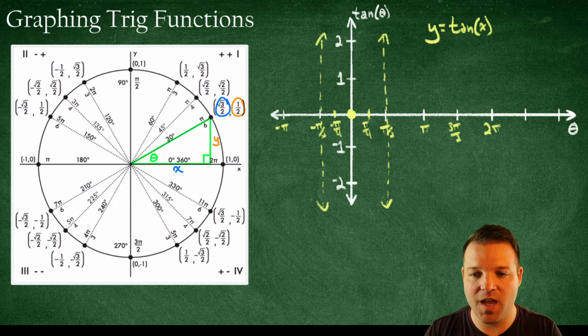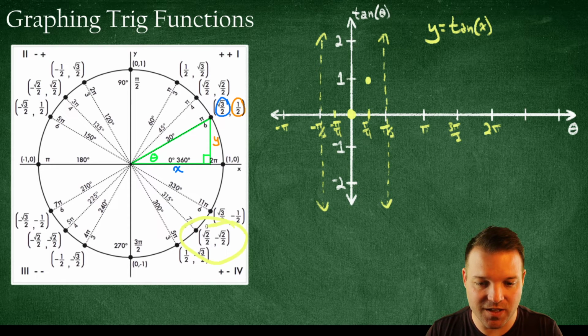At pi over 4, root 2 over 2 divided by itself is going to be positive 1. And if I do negative pi over 4, it would be the same thing, except now it's negative 1, right? And so it's going to give us this negative 1 value here.